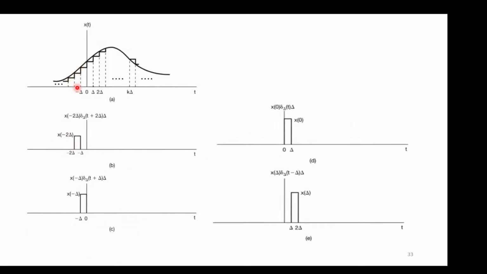So this strip has height x of minus 2 triangle, and it's multiplying the delta sub triangle function time shifted to minus 2 triangle. And the next one has the height x of minus triangle, and the strip is time shifted to minus triangle.